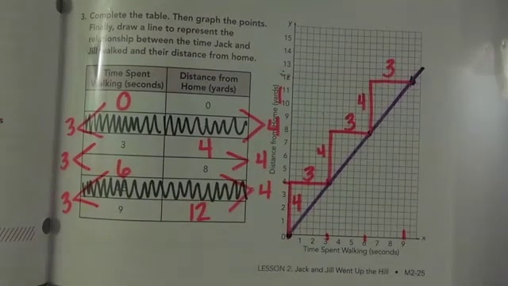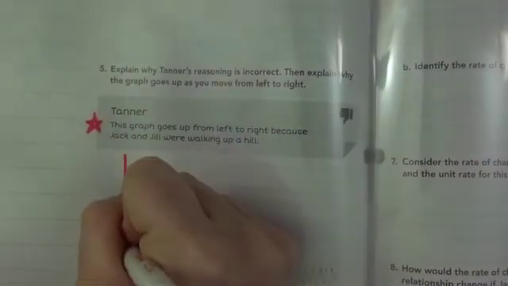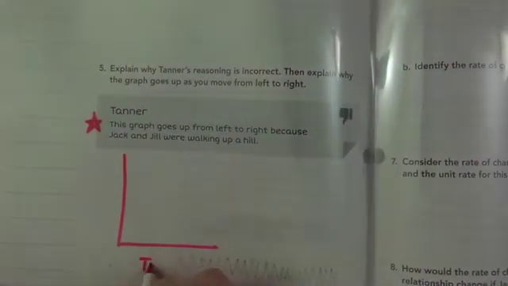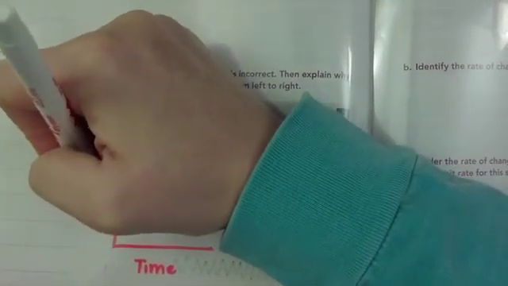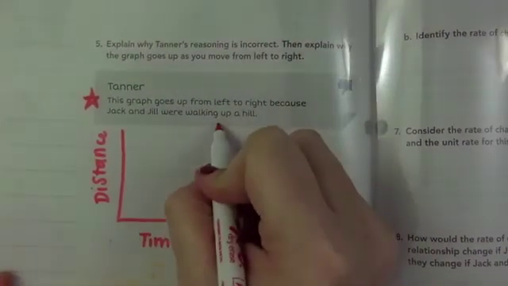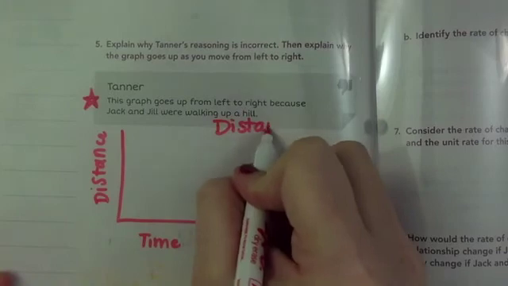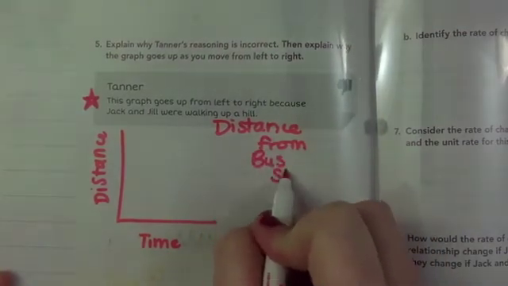Well, let's think if we were talking about them going down a hill. So let's say they're on their way home from the bus stop. Let's draw a fake little graph right here, and we're going to say this is time and distance. So how far are they from home, or distance from the bus stop.